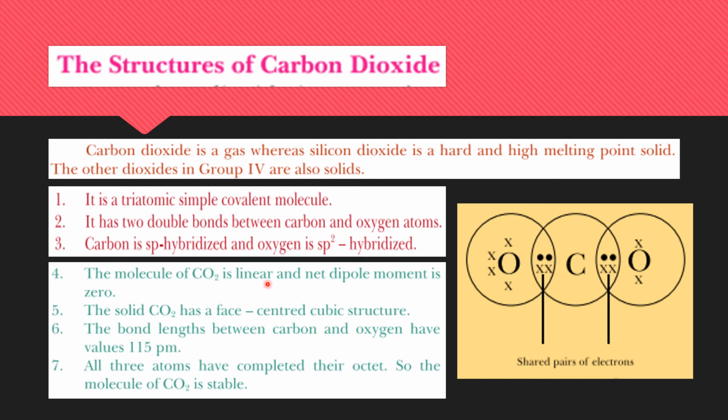This molecule of carbon dioxide is linear, and as on both sides it is attached with the same atom, that is the reason it has zero dipole moment. Solid carbon dioxide has a face centered cubic structure, and the bond length between carbon and oxygen is 115 picometer, and all the three atoms have completed their octet. We can see here they have 8 electrons, they have completed their octet. So this molecule is a stable one.